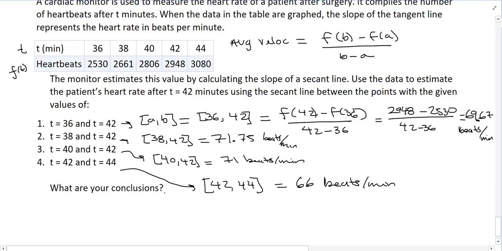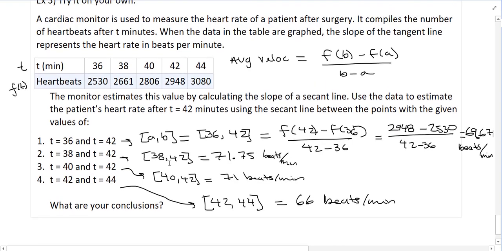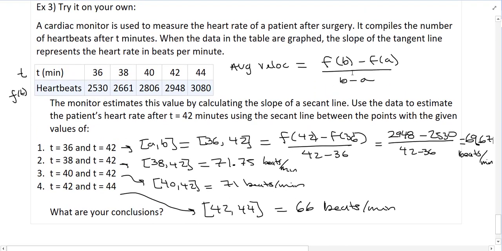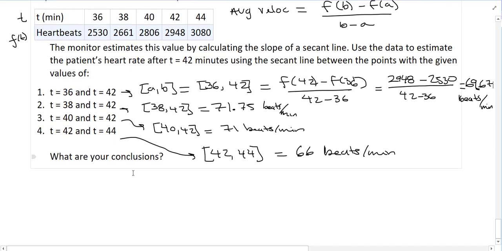So what are your conclusions about this patient? We're looking for the slope of the line, which represents the rate of change of the heartbeats after t minutes. It looks like the person was pretty stable, and then the heartbeat dropped after 42 minutes.